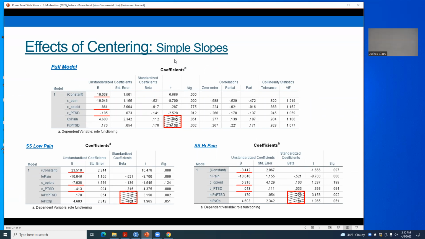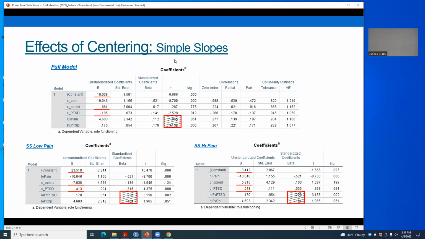Okay, but this is what's going to happen if I rerun this model. Centered pain for low pain. Okay, so here I've got low pain, centered opiate use, centered PTSD, the interaction of low pain and PTSD, and low pain and opiate use. This is our simple slopes model here.